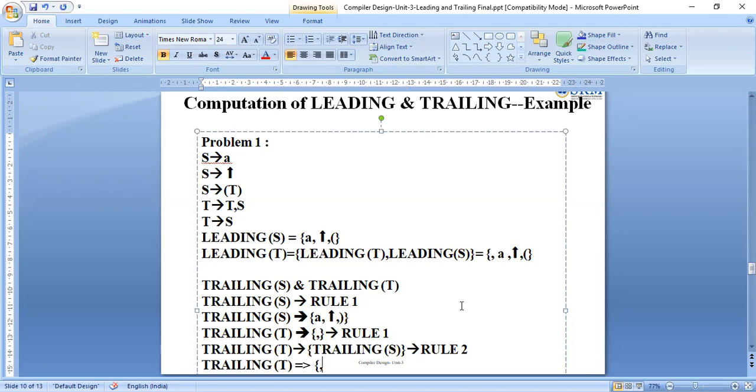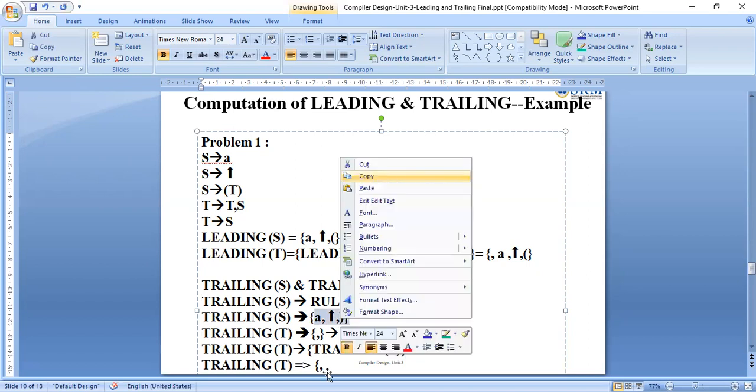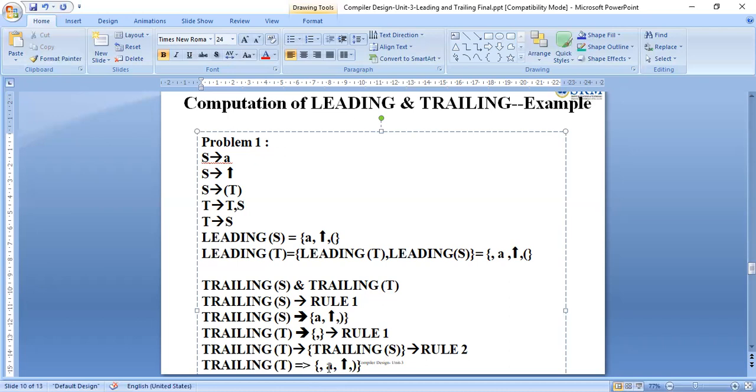Then what is trailing of s? Trailing of s, we have already dealt with. So copy, paste, that's it. So this is leading of s and t, and this is trailing of s and t.